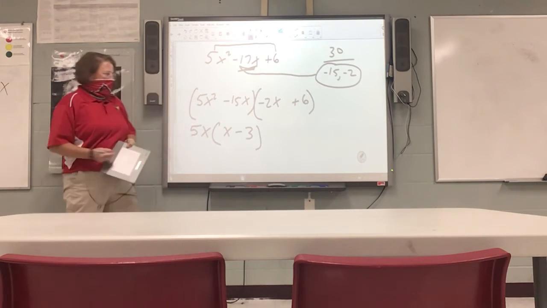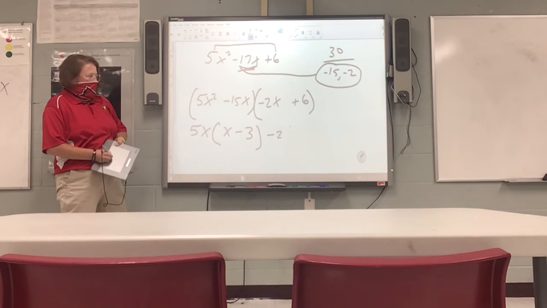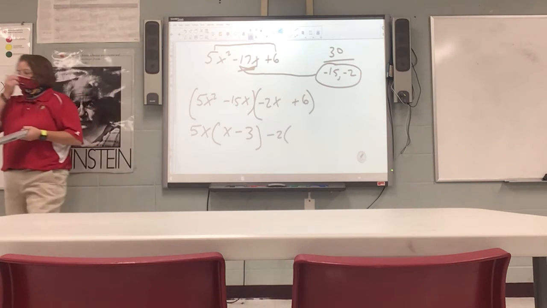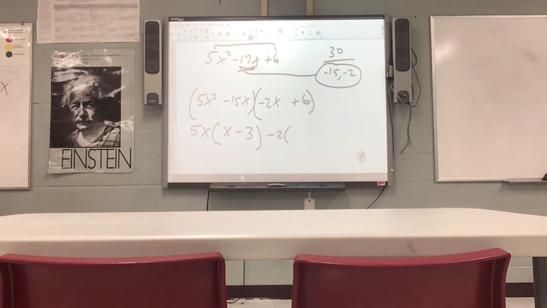Okay, so let's factor a negative 2 out. They both don't have an x, so I didn't take an x. What's negative 2x divided by negative 2? X. Just an x is left. And look, that's what we had over here. So far, so good. What's 6 divided by negative 2? Negative 3. Okay, it's crazy, but we're almost there.